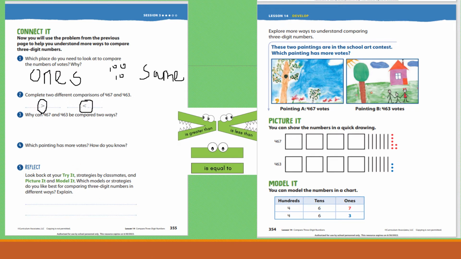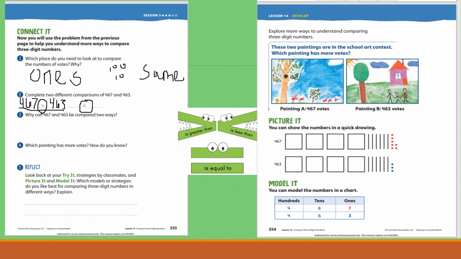So my opening here, my bigger number is 467 because we said that 7 ones is greater than 3 ones, 467. And we're going to put 463 here. And how do we read that, boys and girls? 467 is greater than 463.